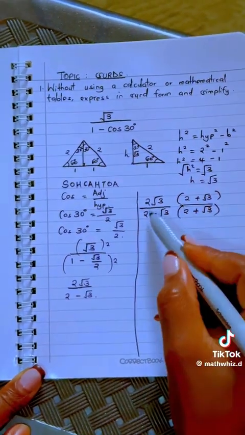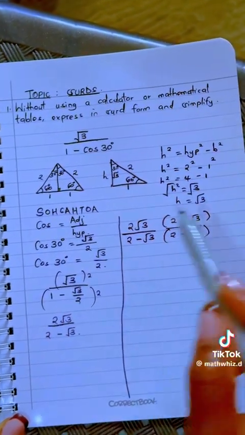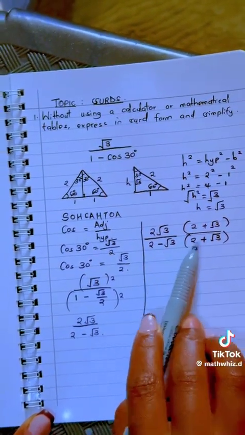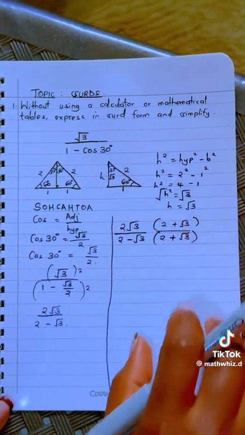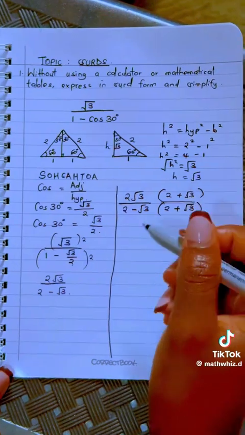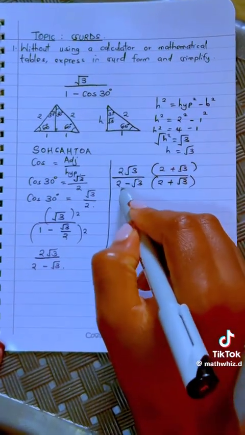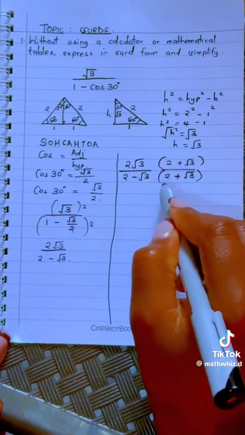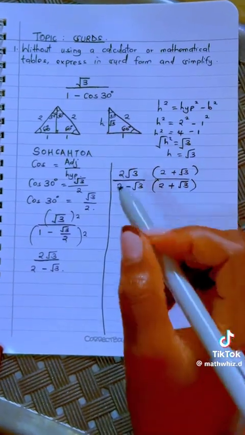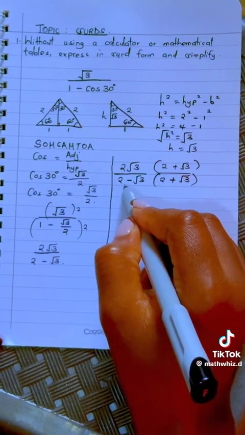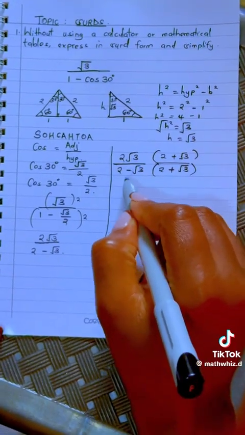Then we start multiplying. Because we have this number being the same as this, we'll not have to go the long method. We'll use the application that when we have a minus b and a plus b, it is the same as a squared minus b squared.